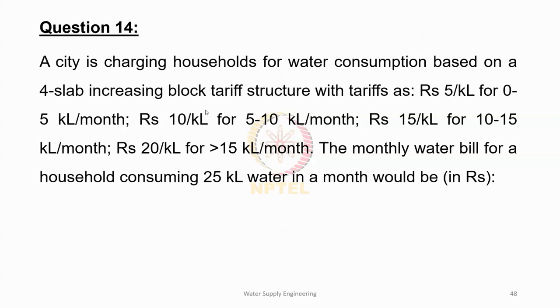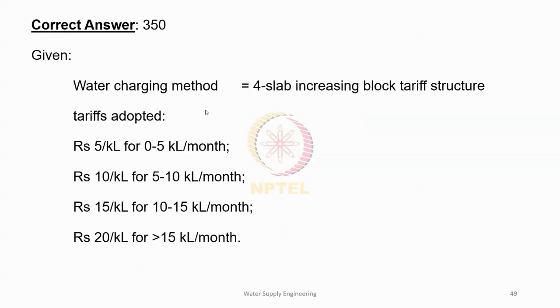Okay, so I have got one answer as 350. So let's see. Yes, the correct answer is 350. So we are given that the water charging method adopted in this particular problem is a four slab increasing block tariff structure.